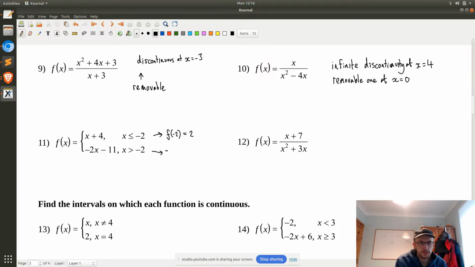And here, f of -2, though it doesn't call this branch of the function, would evaluate to -7. So that is a jump discontinuity at that input there.